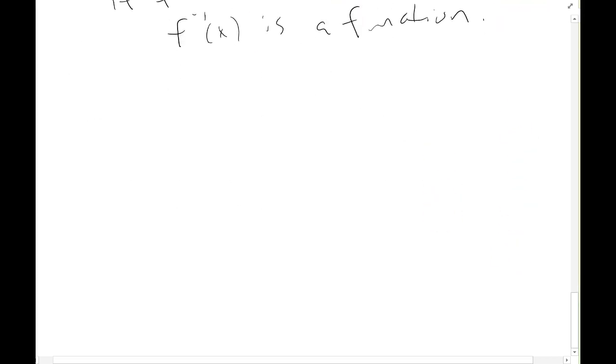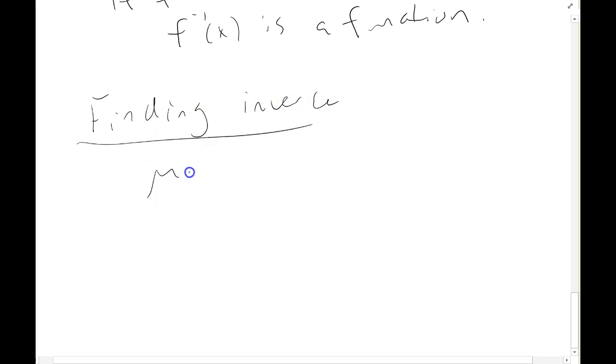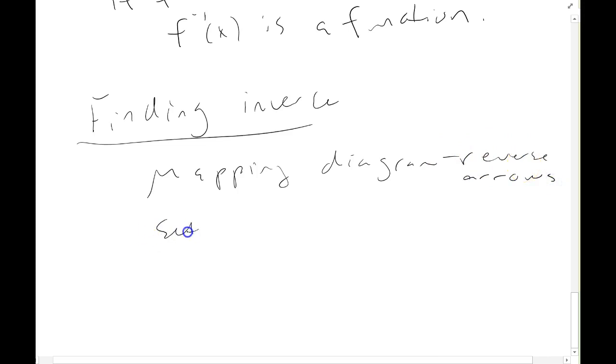Okay? So we've talked about how to find inverses if we describe our function as a mapping diagram, where we just reverse the arrows, as a set of ordered pairs, we swap the x and y's.